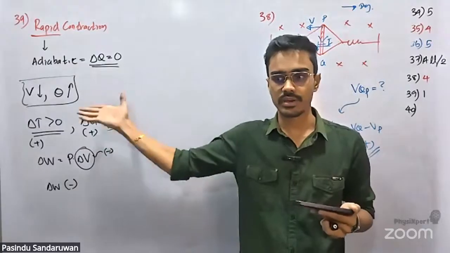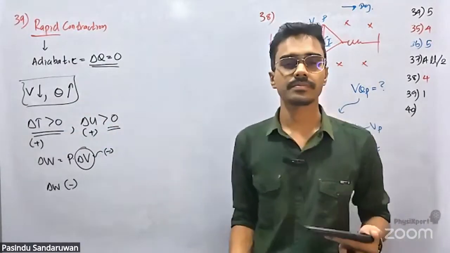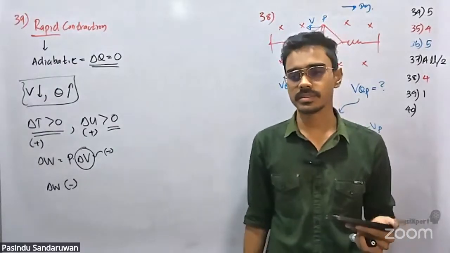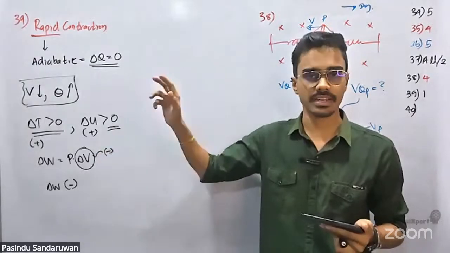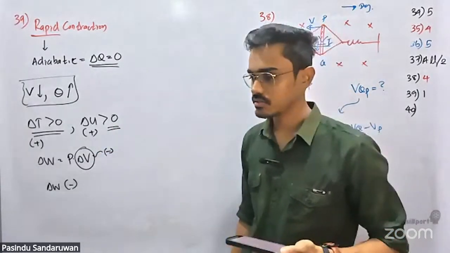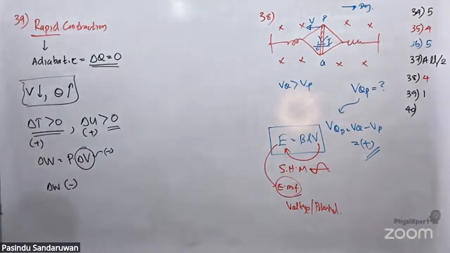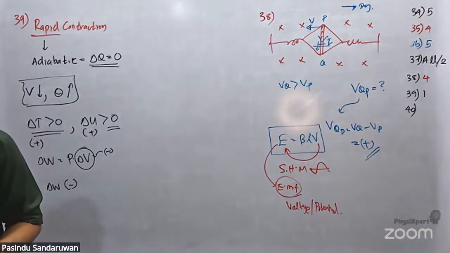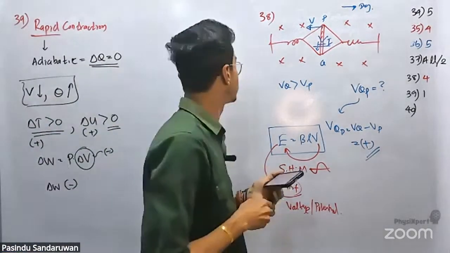So you can secure that 1 mark if your thermodynamics equations and parts are known. Very small part in thermal and a very easy part. Right? And it's very much doable. Right. 40.